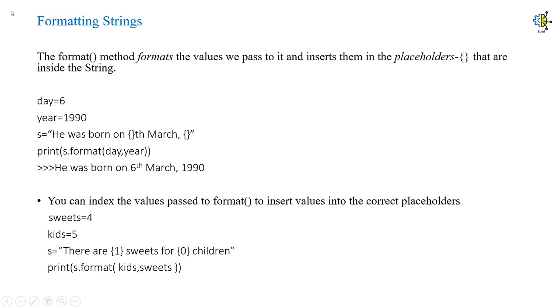So if I pass kids, sweets into this, you might think that in the first placeholder the value 5 will come, and in the second placeholder the value of sweets, which is 4, will come. But the output would be there are 4 sweets for 5 children. This is because you have already specified the index of the values that you are passing into the string. And this is happening also because we know that indexing starts from 0 in Python.